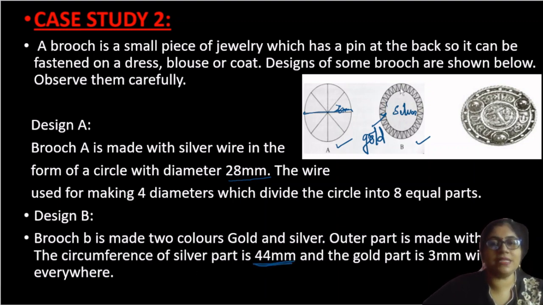So this inside circumference is given 44. From that value, we can find out the inside radius. Then the gold part is 3 millimeter wide everywhere. So this thickness is given 3 mm. So now let's move to the question.